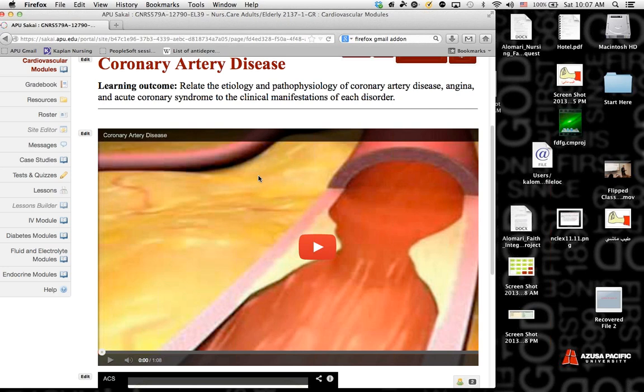This refers to the coronary arteries on the outside of the heart, and their major function is to perfuse the heart with the required blood. So any problems in these coronary arteries will be manifested as heart issues, either in the ECG, in the conduction, or in the ability of the heart to push the blood, and so on.